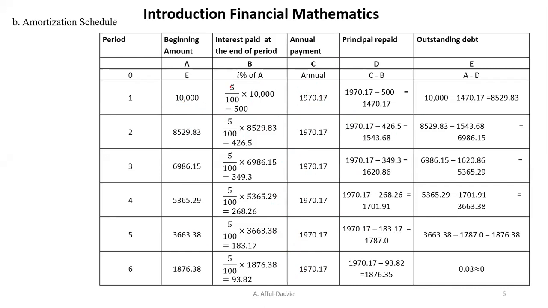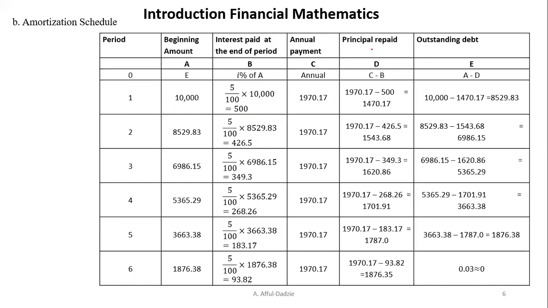Then we need to find the interest on the loan. Our interest is 5%, so this is 0.05 times 10,000, or you do 5 over 100 times this. So the interest is 500. Our annual payment is the annuity we calculated as 1970.17.